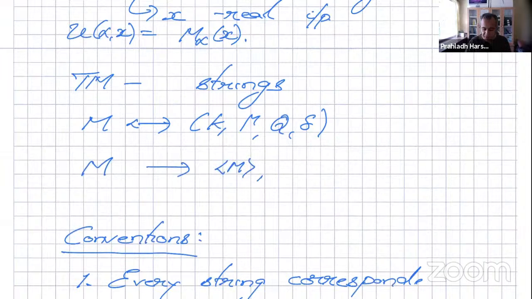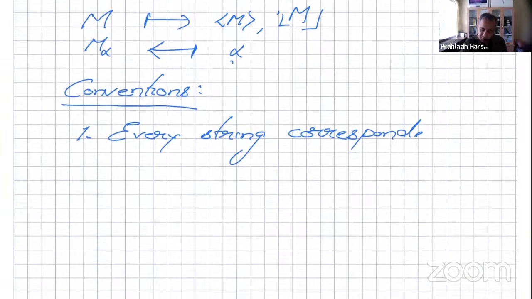The book sometimes uses this notation too. And if it's a string alpha, I'll write M alpha for the Turing machine it represents. I'm going to go back and forth between these two notations. If you have a Turing machine, this is the string representing it. If you have a string, this is the Turing machine represented by that string.